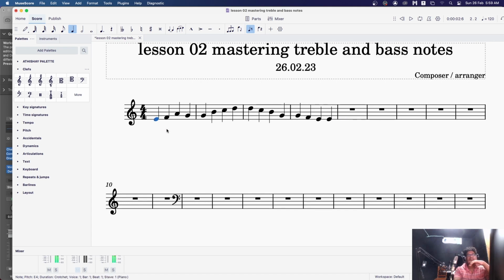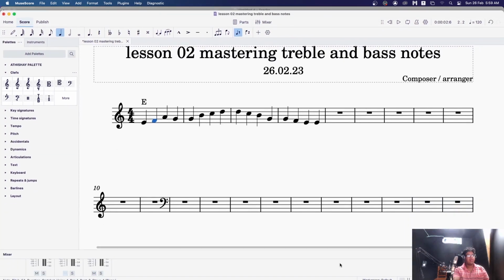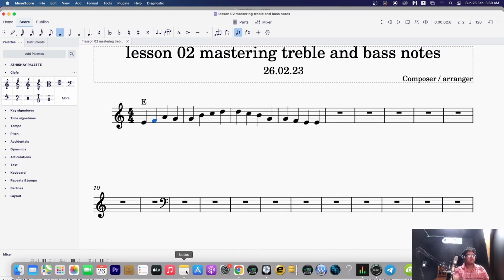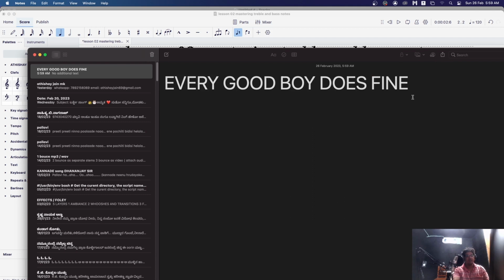So this is the first line. So what is the first line? It's E. Okay, what is the first space? First space, what is the thing which I taught you yesterday? It's FACE, for the treble clef.